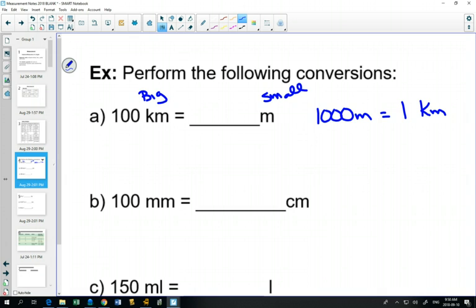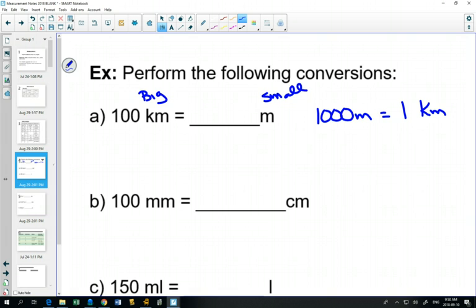And so when you're converting from something big to something small, imagine you have 100 kilometers and you went out and bought, these would be really kind of awkward, but kilometer sticks. This is a meter stick because it's a meter long. Imagine you have in your backyard these long sticks stacked upright into the air that are kilometer sticks.